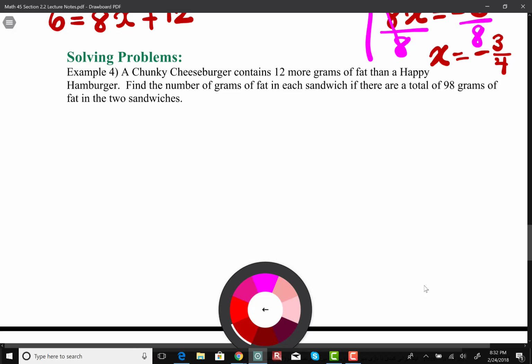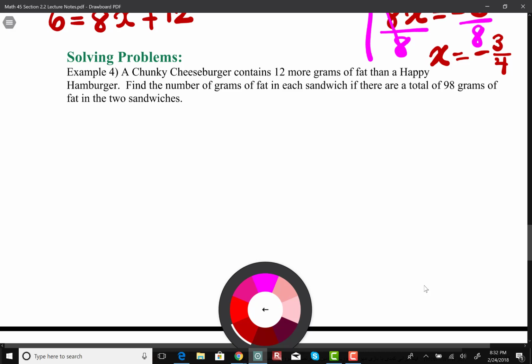Kind of the relationship. For example, they're saying that chunky cheeseburger has 12 more grams of fat than happy hamburger. But they didn't tell us how many grams of fat each one has.